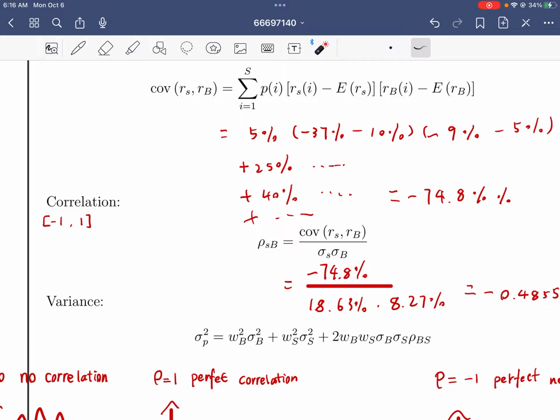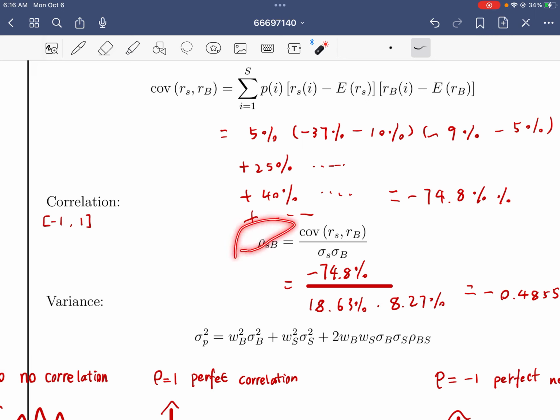It's hard to compare different portfolios with different covariances because different assets have different variances. It's hard to measure that. So we need to standardize our covariance by dividing the covariance by the standard deviation of stock and bonds.